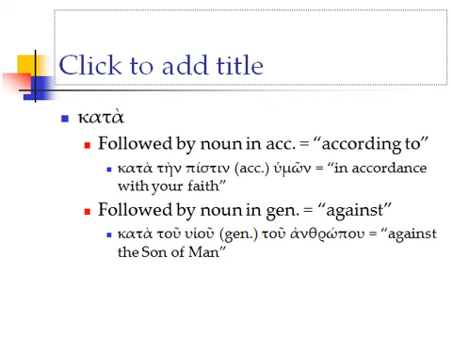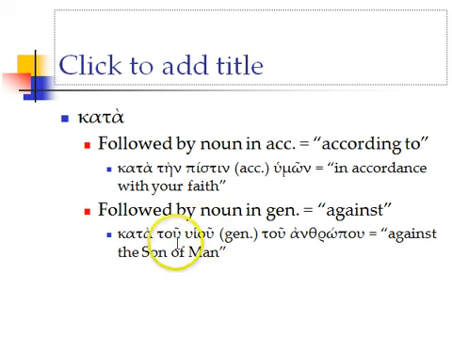Then, in other instances, we might find kata followed by a noun in the genitive case, and probably the most common of the senses invoked by that relationship is against. Hence, kata tu huiou tu anthropou, against the Son of Man.